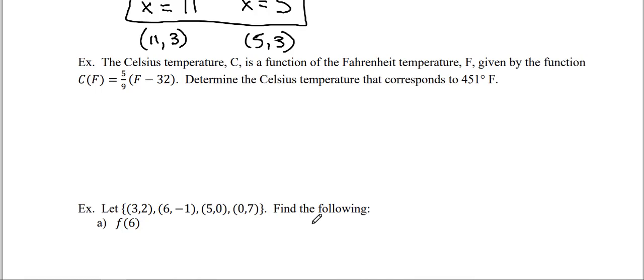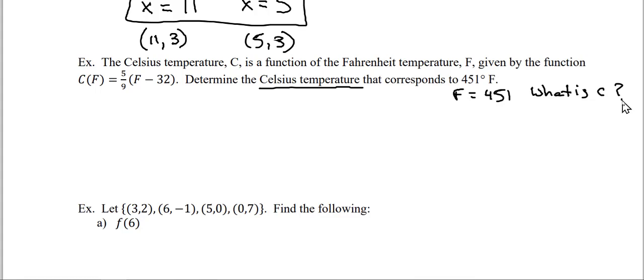This equation, this C of F, that doesn't mean C times F, it means C of F, shows you the relationship between them. Determine the Celsius temperature that corresponds to 451 degrees Fahrenheit. That means when F is 451, what is C?